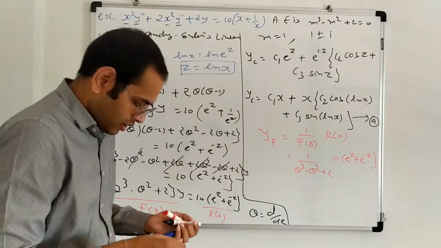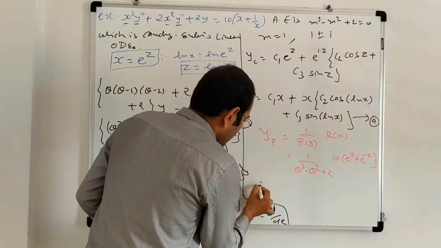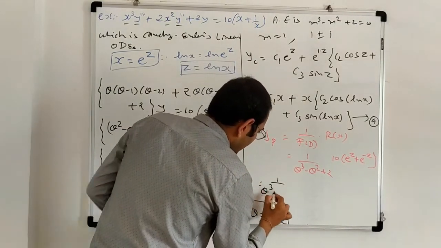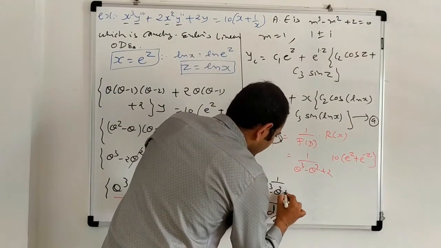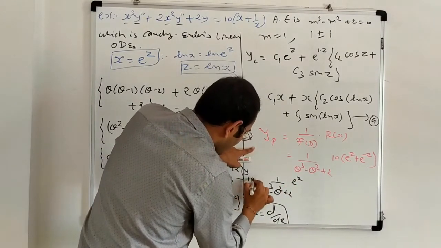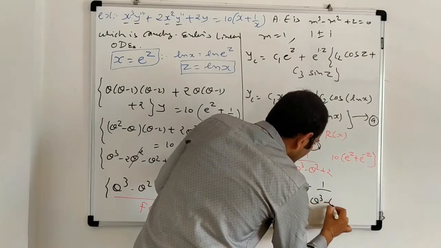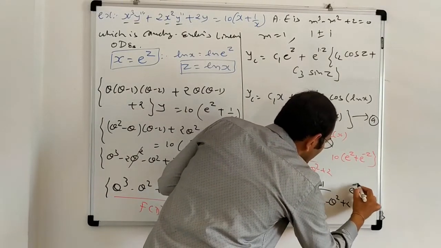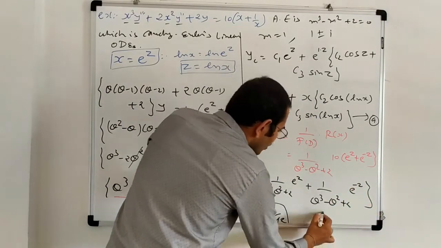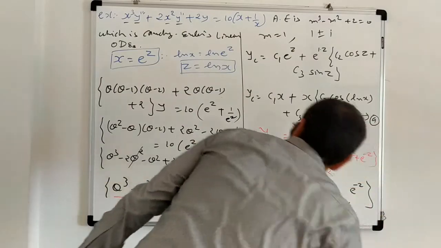Now we give 1 upon theta cube minus theta square plus 2 into e raised to z, 10 constant, plus 1 upon theta cube minus theta square plus 2 into e raised to minus z. Here we use case 1 of the shortcut method.